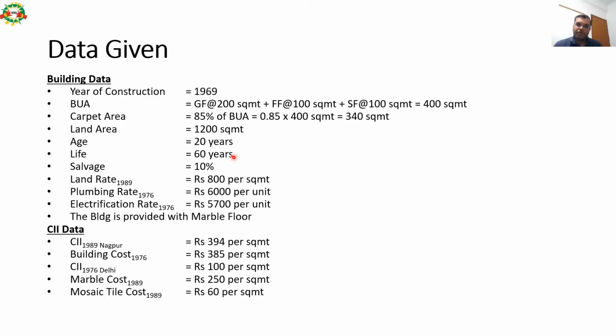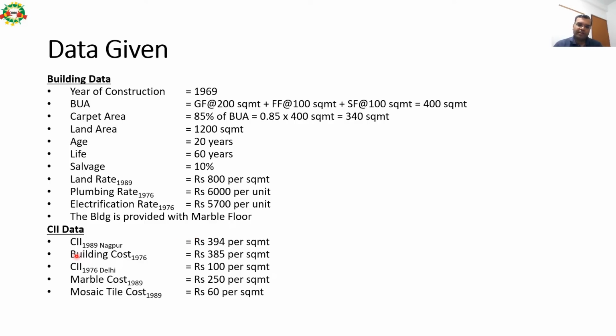Age of the building, 20 years, has been given in the question. Life of the building has been given as 60 years. Salvage 10% has been given. Land rate in year 1989 has been given as rupees 800 per square meter. Plumbing rate has been given in 1976 as 6,000 rupees per unit. Electrification rate of 1976 has been given as 5,700 rupees per unit, and the building is provided with marble flooring. This is also a fact which is given in the question.